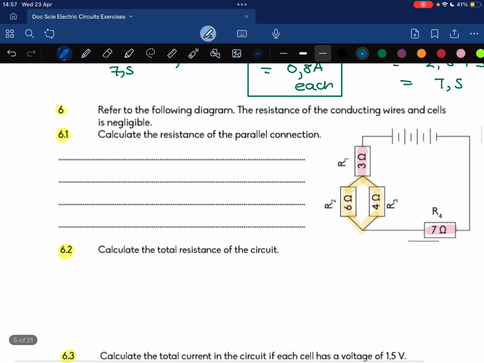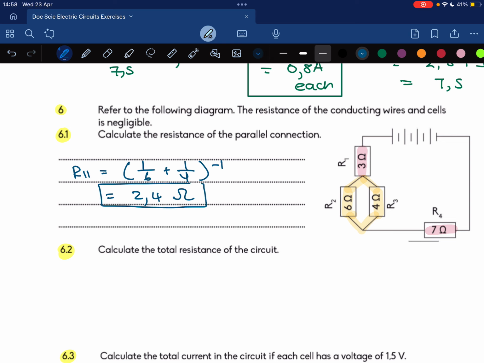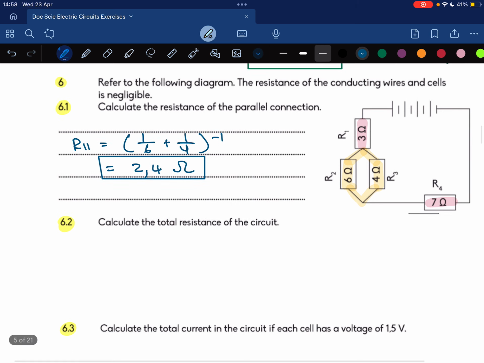R parallel is equal to 1 over 6 plus 1 over 4, to the power of negative 1. You can put it in your calculator and you'll get an answer of 2,4 ohms. Then 6.2 says calculate the total resistance in the circuit.